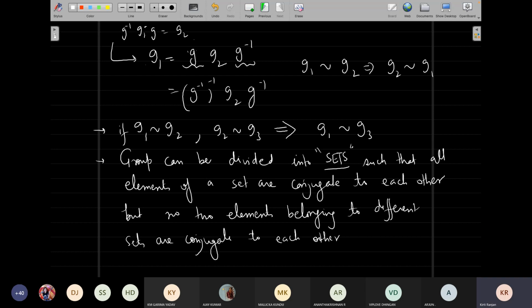Again, I am going to give an example, so it will be clear to you. This is what we are going to use to define our normal subgroup: the group will be divided into classes, which are the conjugacy classes, and those classes can also be used to form the normal subgroup. That is our next step.